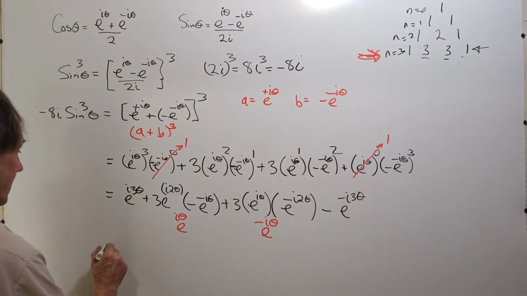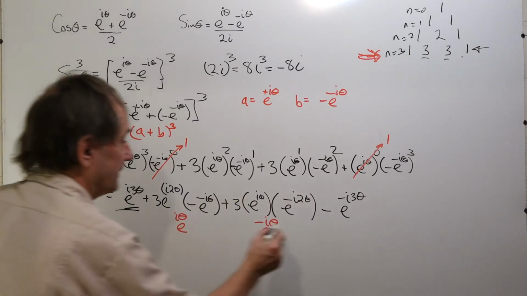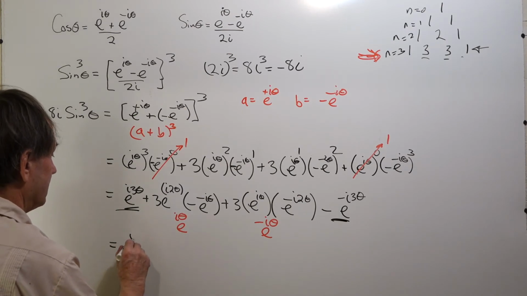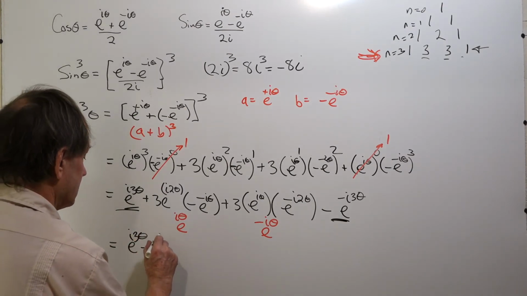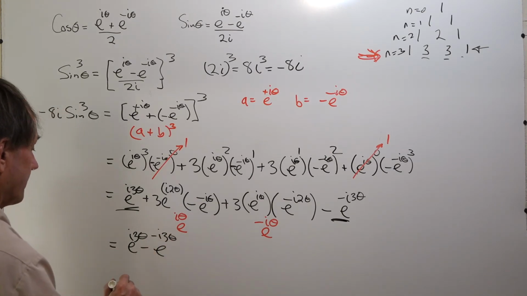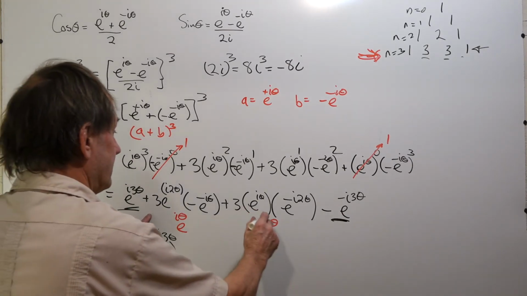So writing this out, we'll group terms together. So we have e to the 3i theta minus e to the minus 3i theta. That's our first grouping. And now we group these.